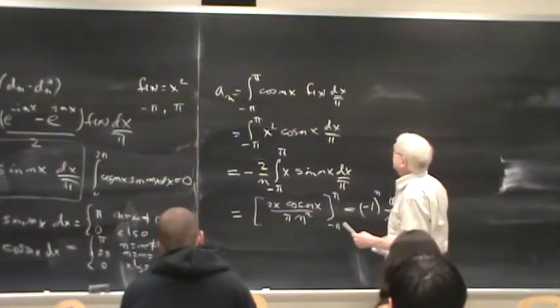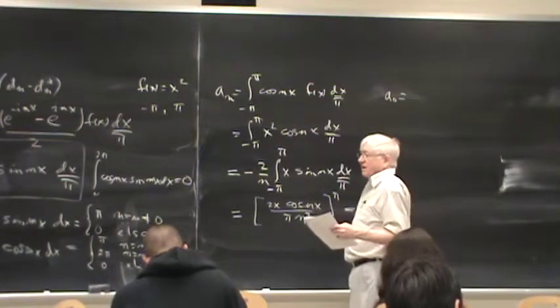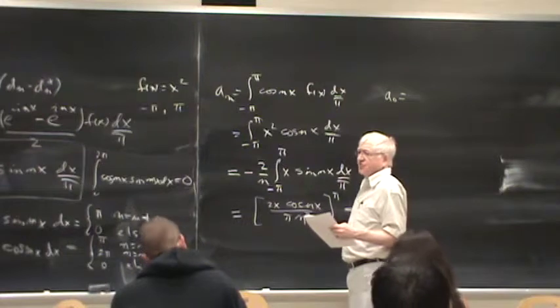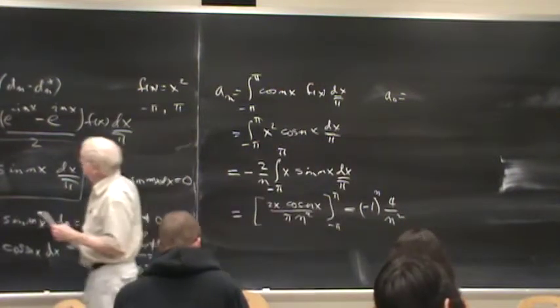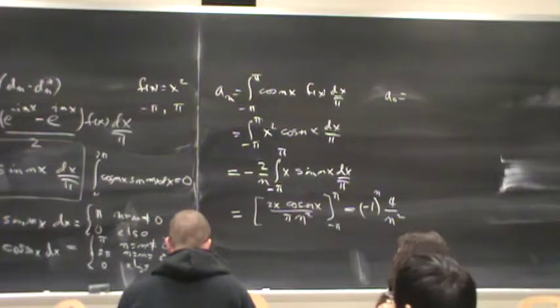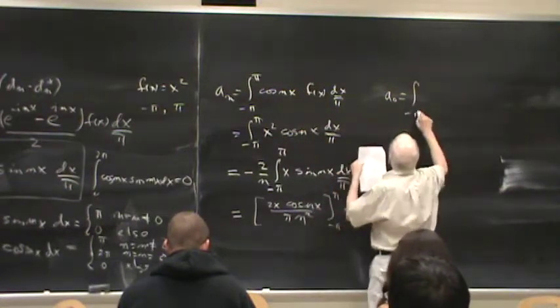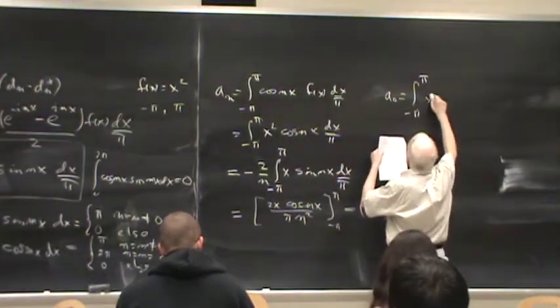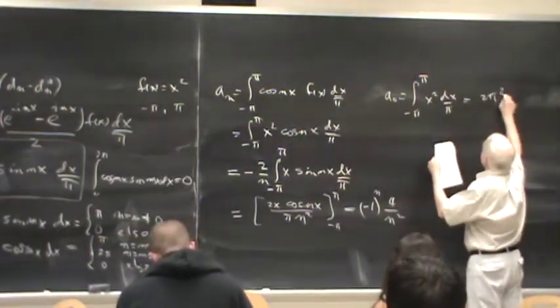A0, on the other hand, is... What is our formula for A0? I don't actually remember it here. Yeah, it's just the integral from minus pi to pi of the function over pi. And so this is simply the integral from minus pi to pi, x squared dx over pi, and this is 2 pi squared over 3.